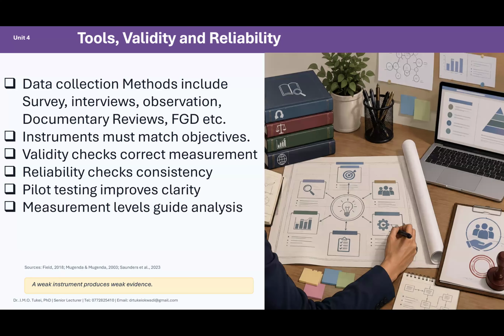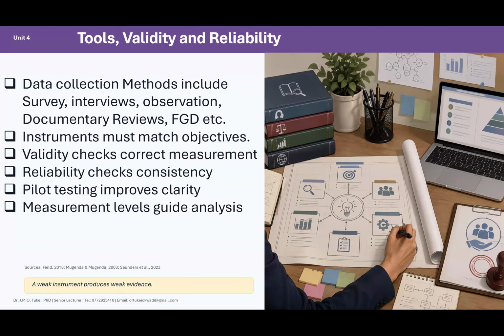Very important. A sophisticated analysis cannot rescue data produced by a weak instrument. Practically speaking, colleagues, if a questionnaire claims to measure job satisfaction, but only asks about salary, it may fail to capture supervision, workload, recognition, and working conditions.